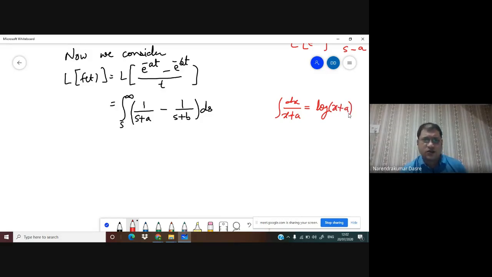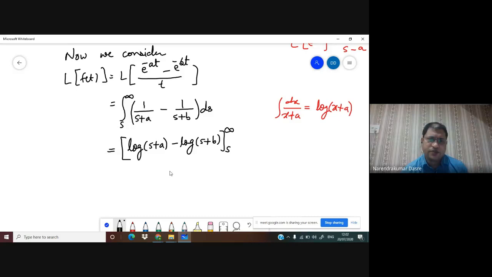Correct. Plus c is a constant when we don't have the limits, but in our case we have the limits here, so we don't have to care about the constant of integration. Hence, I'll get log of s plus a minus log of s plus b, and the limit is s to infinity.